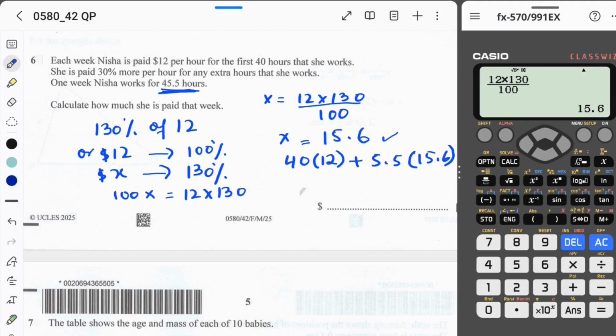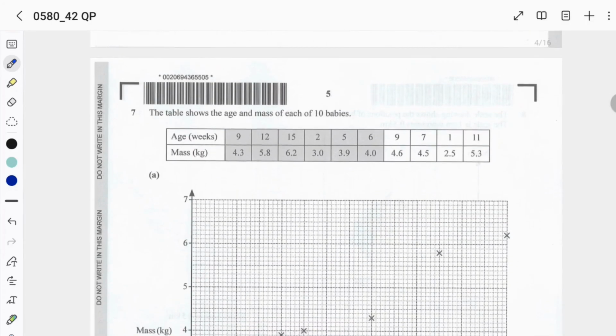So the total amount is 40 times 12 plus 5.5 times 15.6, which equals 565.8, so $565.80.